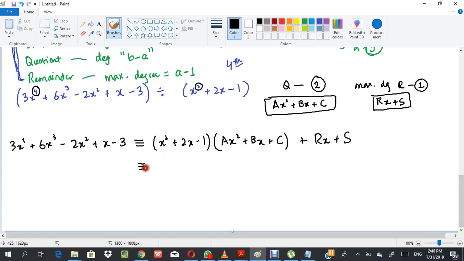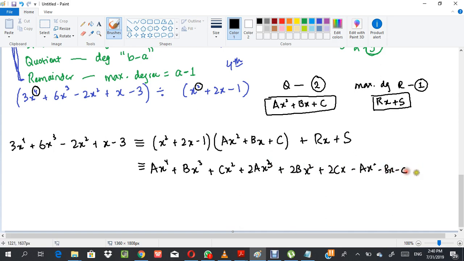So we'll get ax to the power of 4, add bx cube, add cx square, add 2ax square, add 2ax cube, add 2bx square, add 2cx, take away ax square, take away bx, take away c, add rx, add s.